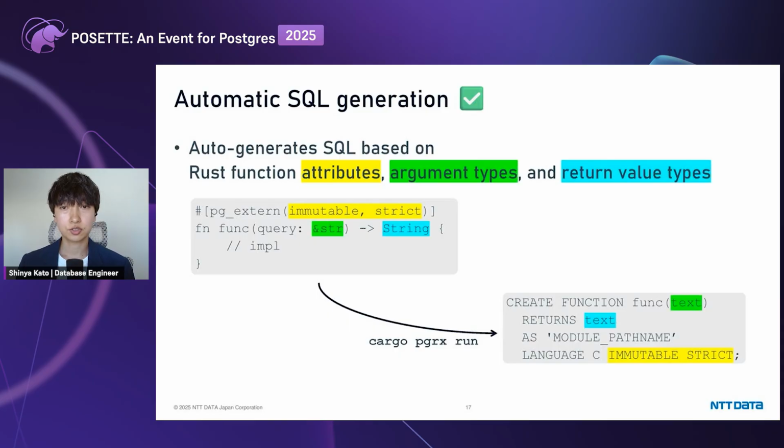Additionally, the Rust function's argument and return value types are mapped directly to the argument types and return type in the generated create function statement. In this way, automatically generating the SQL reduces the cost of implementing and maintaining SQL files.